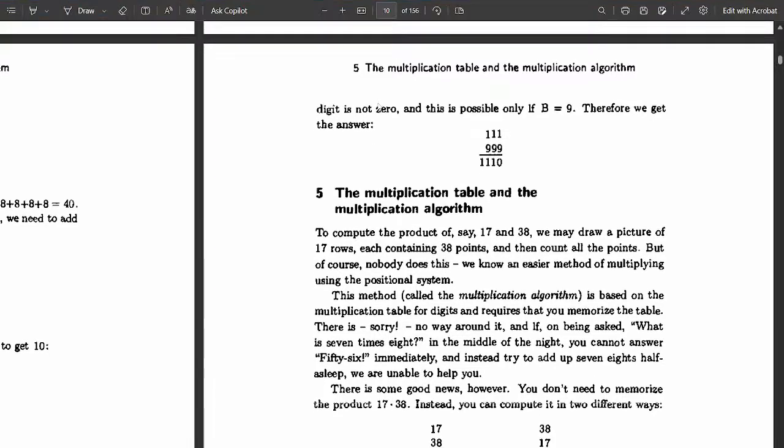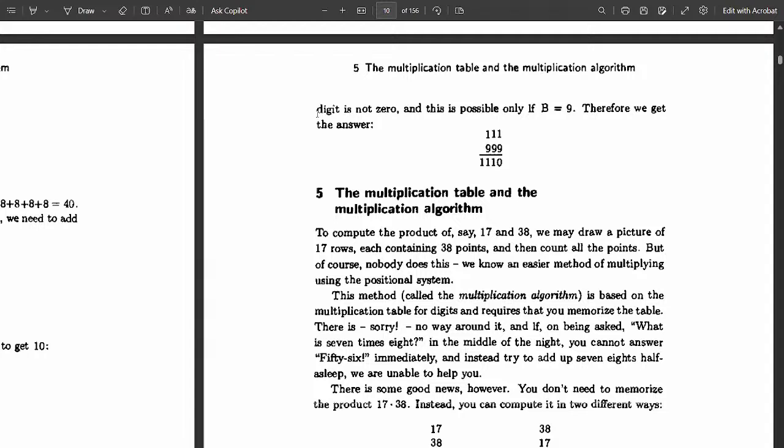To compute the product, say 17 and 38, we draw a picture of 17 rows, each containing 38 points. But of course, nobody does this. We know an easier method of multiplication using the positional system. The multiplication algorithm is based on the multiplication table for digits and requires that you memorize the table. There is, sorry, no way around it. And if, on being asked what is 7 times 8 in the middle of the night, you cannot answer 56 immediately and instead try to add up 7 eights, half asleep, you are unable to be helped.